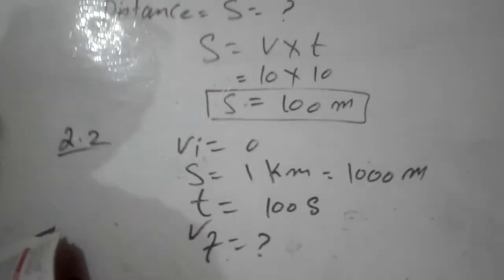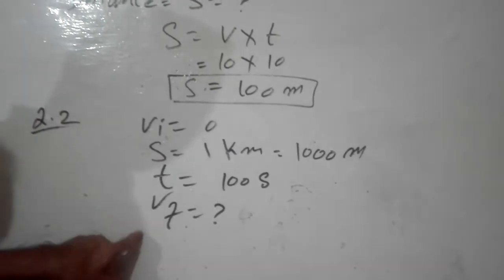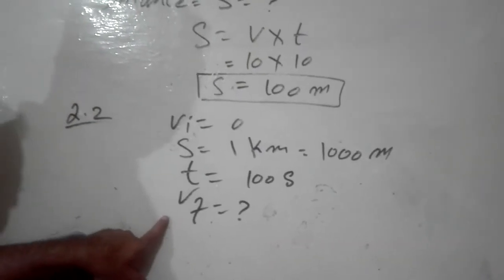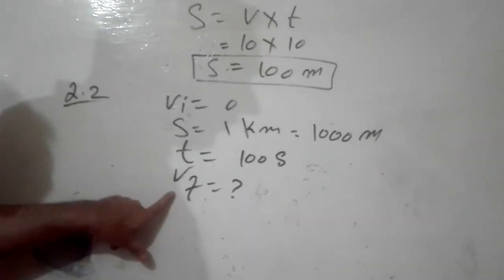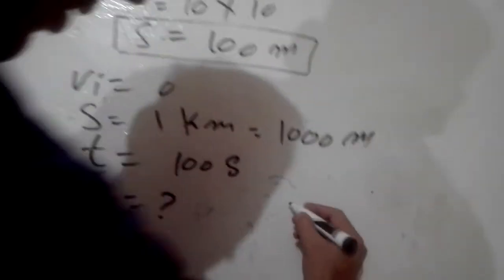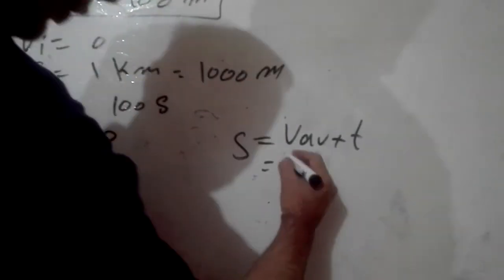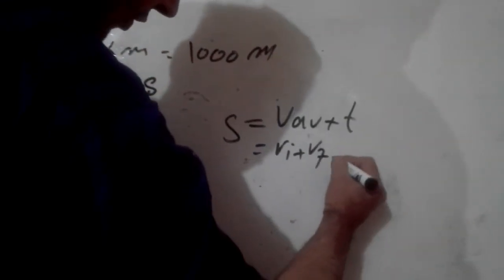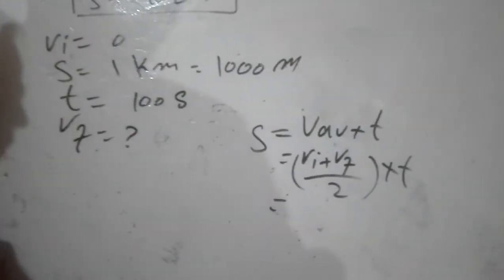This is the data. In the beginning I told you, you have to think according to your data which equation of motion you have to use. He is asking you to find the final velocity. So you can use this general equation which I told you: S is equal to V average into T. Here V average means initial velocity plus final velocity over 2, into T. I think you know this equation also.